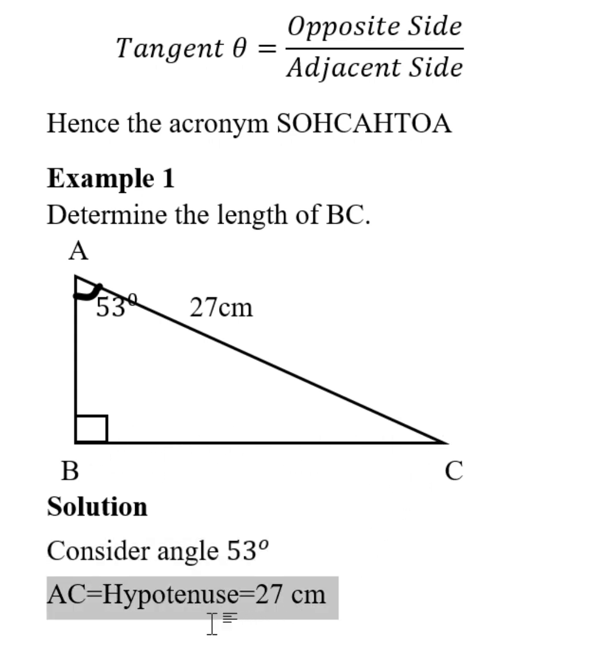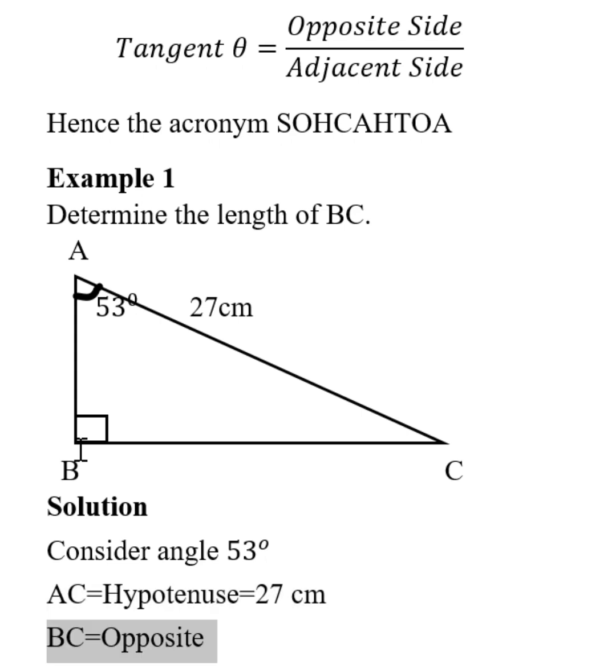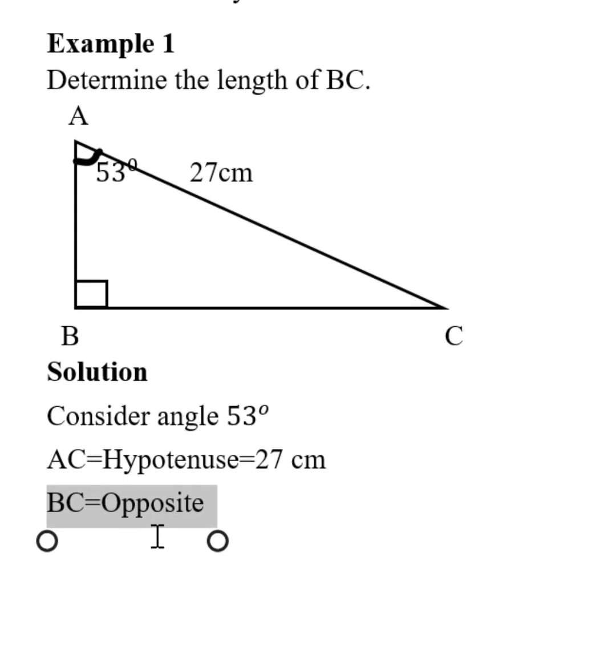This is the side which you directly look at if you position your eye in the angle that you are given or the angle you will use in calculation. So if this one is opposite and this one obviously is the hypotenuse, then definitely this one is the adjacent. As I've said, this is the opposite, and then we have the hypotenuse, which you have been given as 27 centimeters. These two quantities are enough for you to get the remaining side.